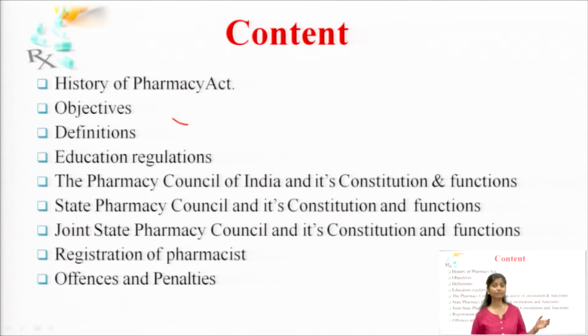When I cover these constitutions in detail, I will tell you the organization, the numbers, and how the members are elected. After that, there is registration of pharmacists and its offences and penalties. In any act, at the last you will go through the offences and penalties, because if you disobey the laws, then obviously there are some offences and penalties that have to be followed.